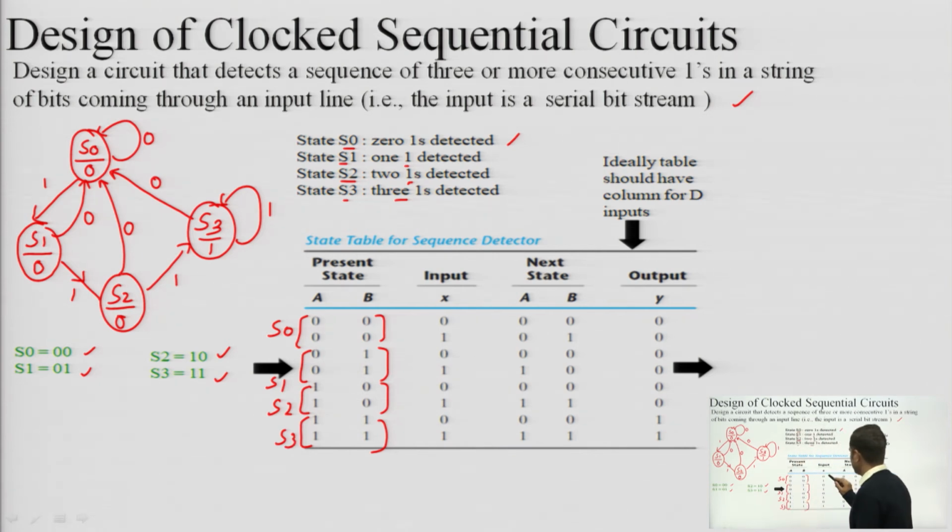Okay. And for x is equal to 0, you can check that everyone's next state is 00, that means S0.